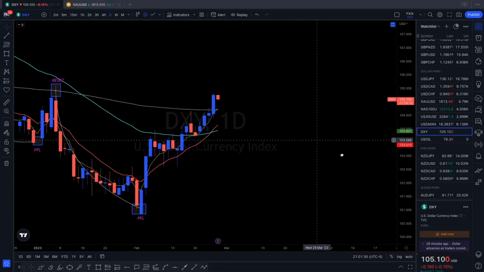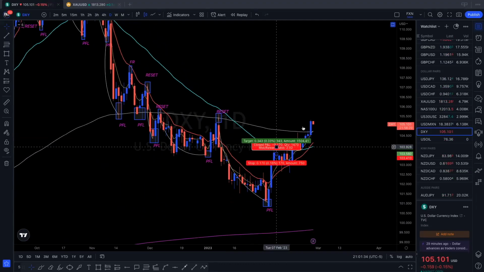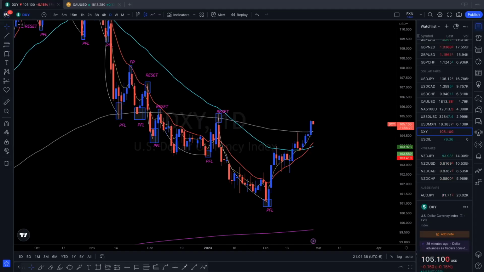So we just go up to the daily here. If we're looking at this right here, this is what I was looking at last week, this line going straight through basically, and it was down here somewhere.